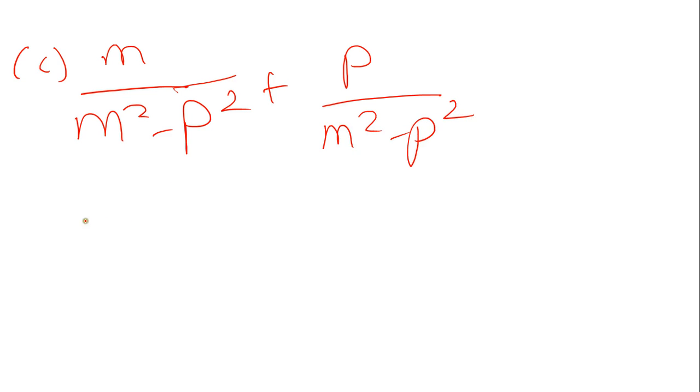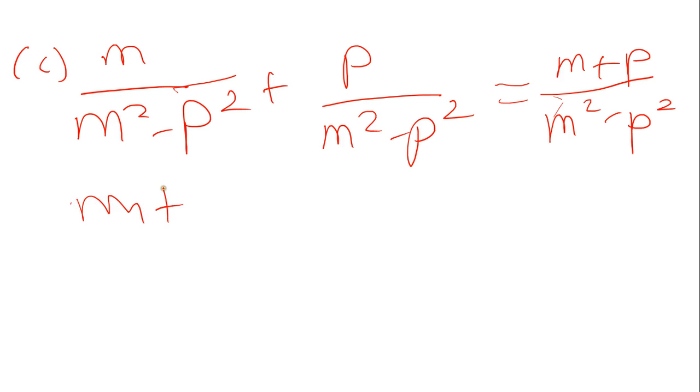Alright, so what we have is m plus p in the numerator, and again we have a common denominator of m squared minus p squared. Now we're not quite done here, because you notice this denominator can be factored. So we may be able to reduce this fraction a little more.